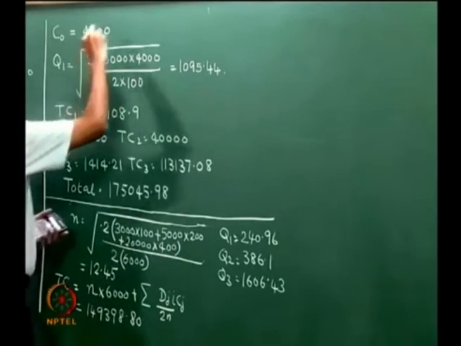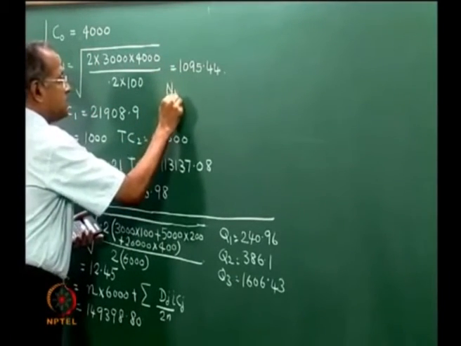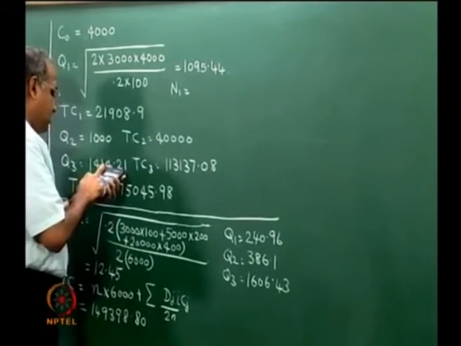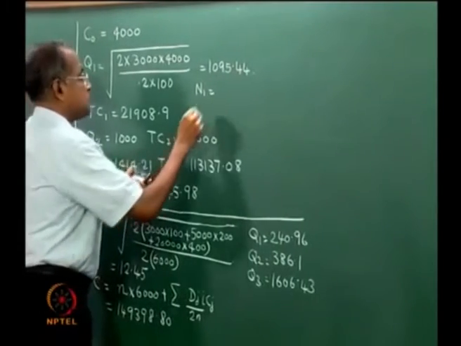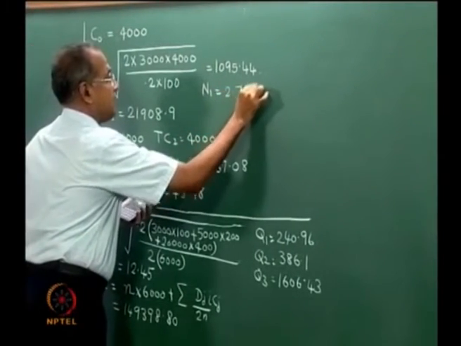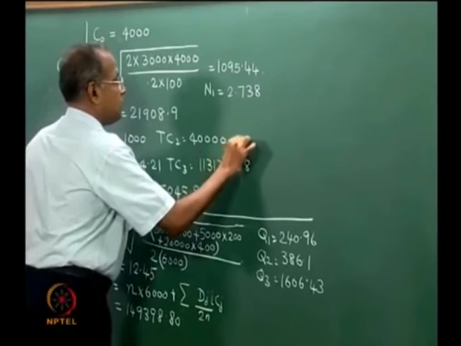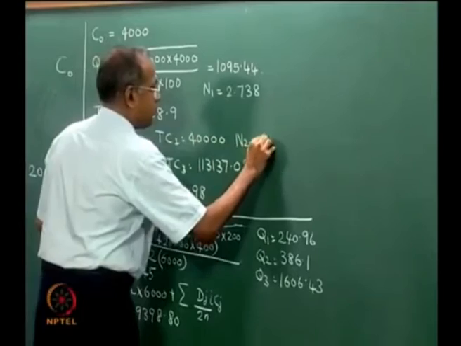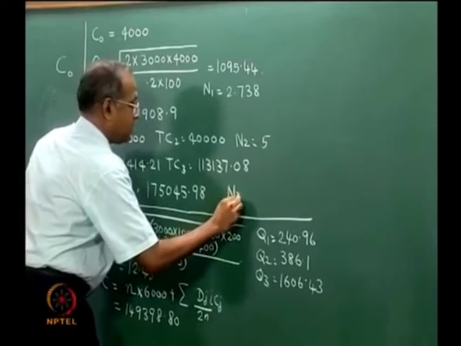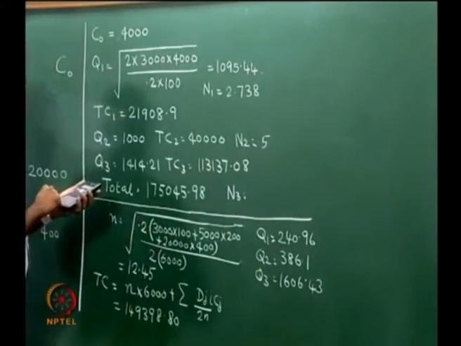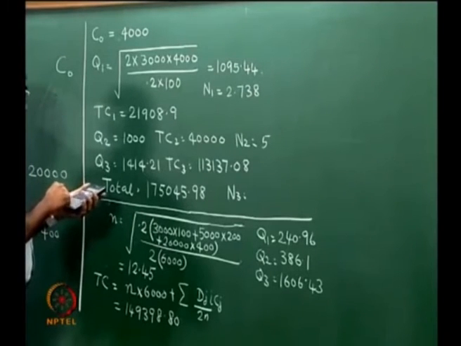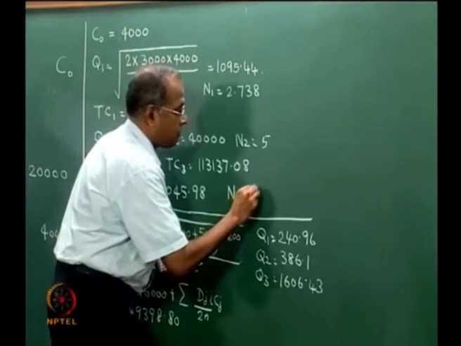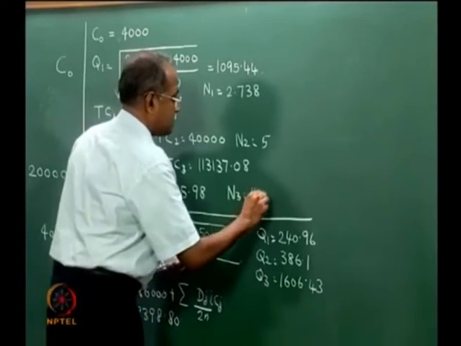Let us now calculate the number of orders for these values. So, N1 is 3000 divided by 1095.44, which is 2.738 orders. N2 is 5000 divided by 1000, which is 5 orders, and N3 is 20,000 divided by 1414.21, 14.14 orders.